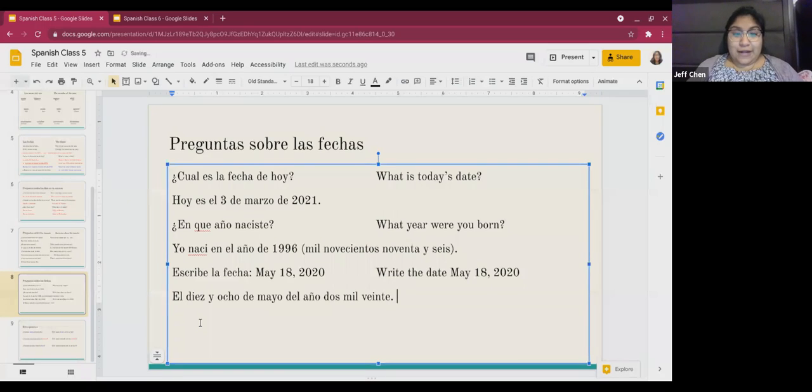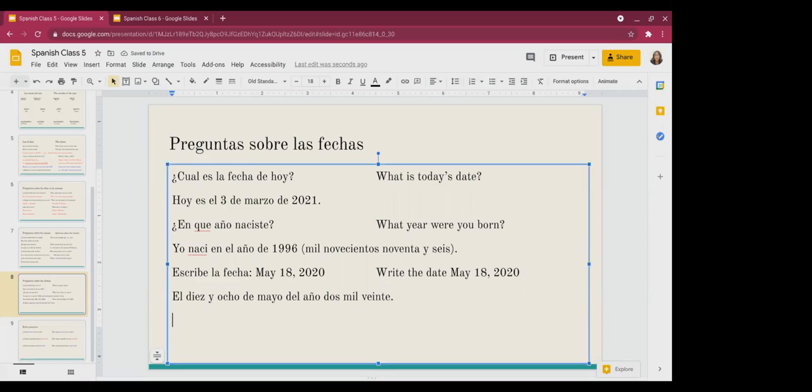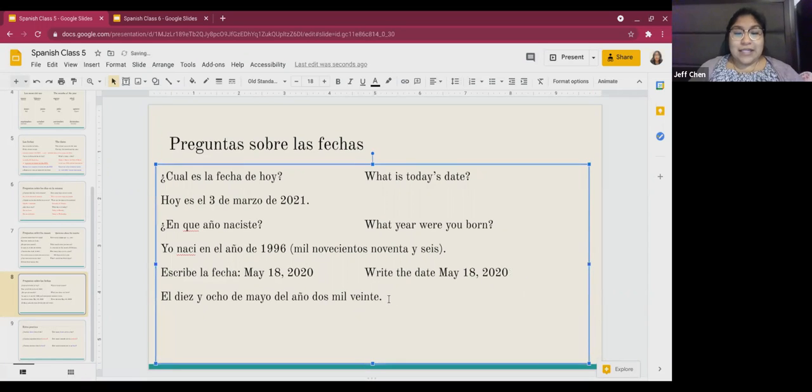Muy bien. Good. Okay. Does anybody else want to try? Let me just pick a random date. So is 2020? Yes, 2020. Yes.